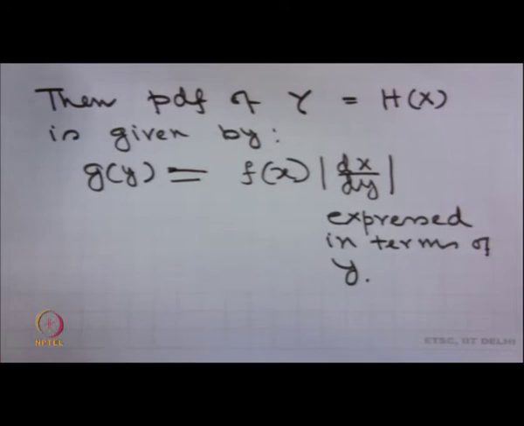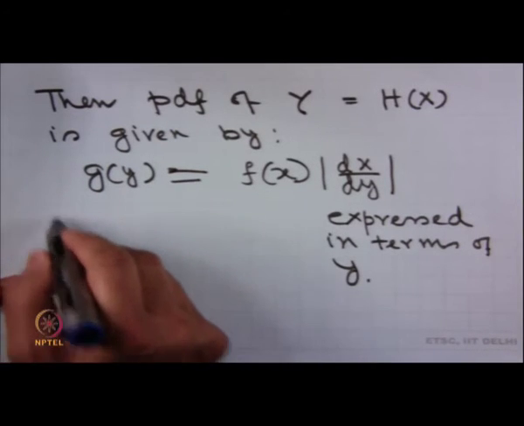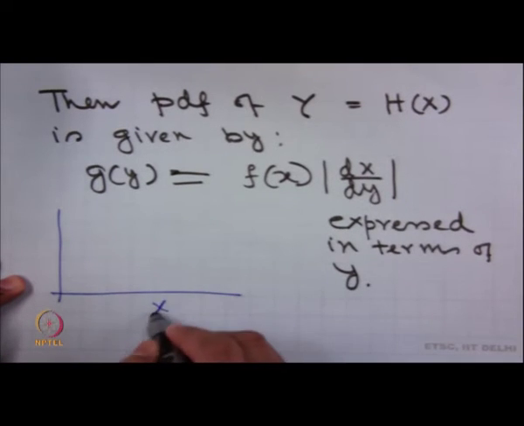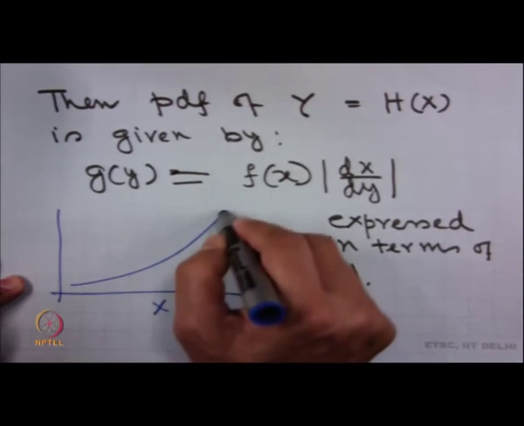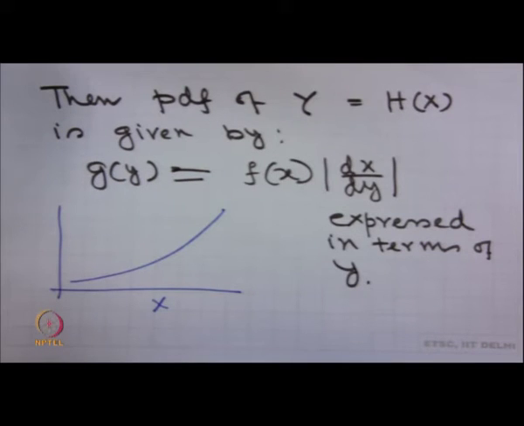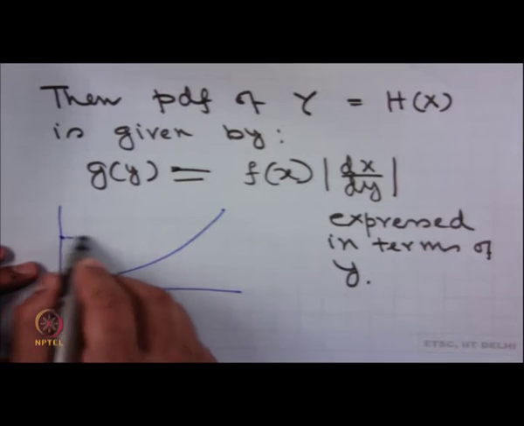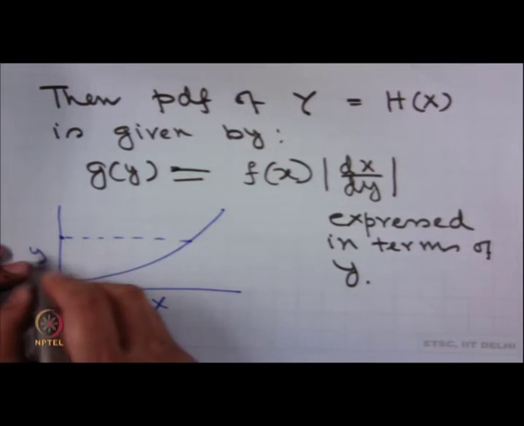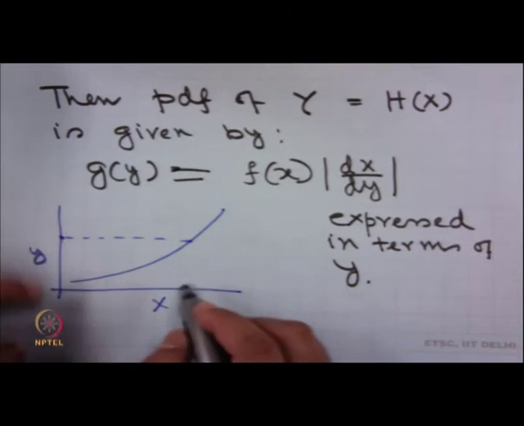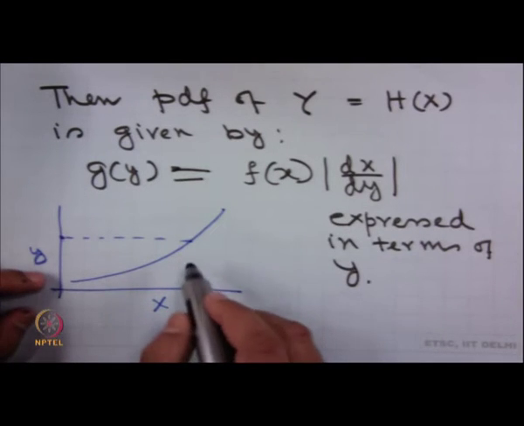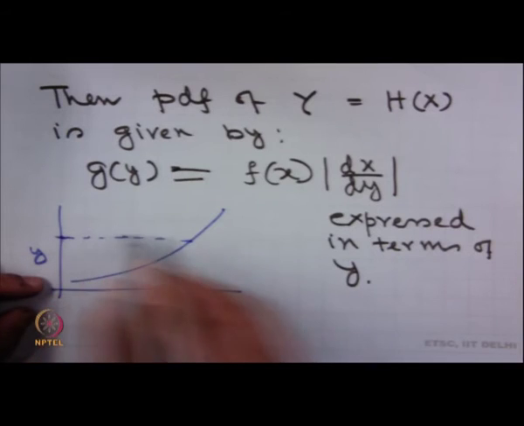Now, why did we take strictly monotonic, whether increasing or decreasing? Suppose this is x and this is a strictly monotonic function of x, then given y, what is the probability that the random variable y is less than equal to a particular value y?